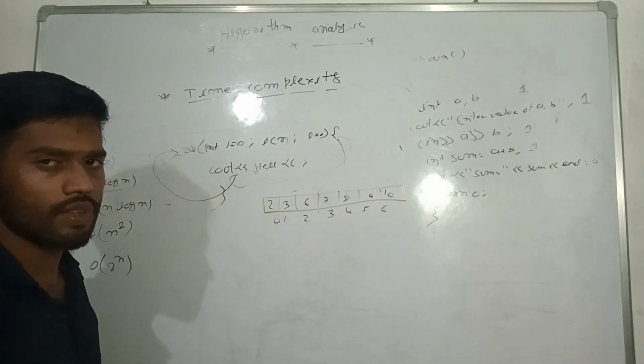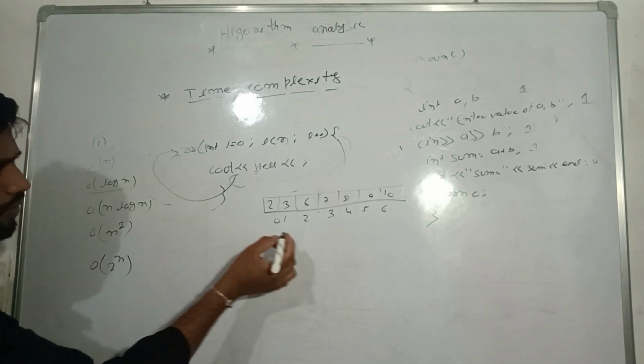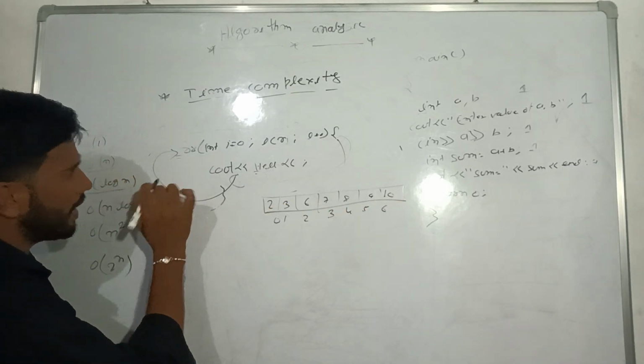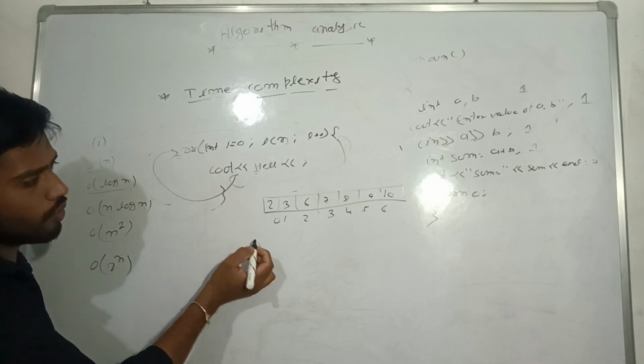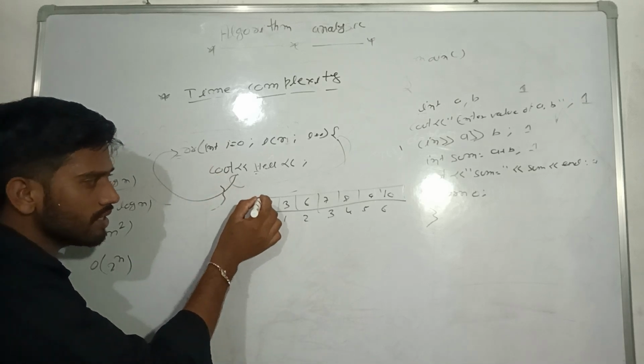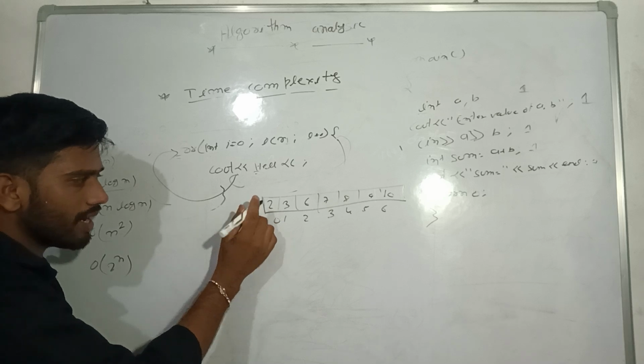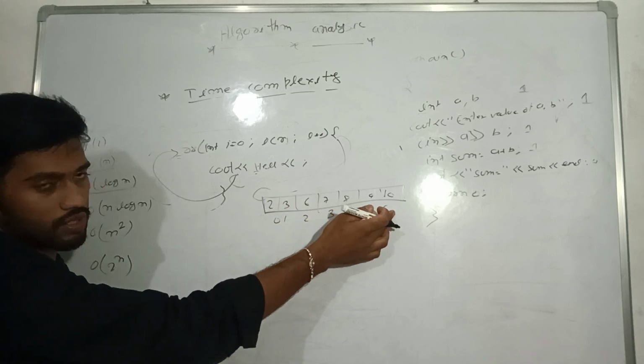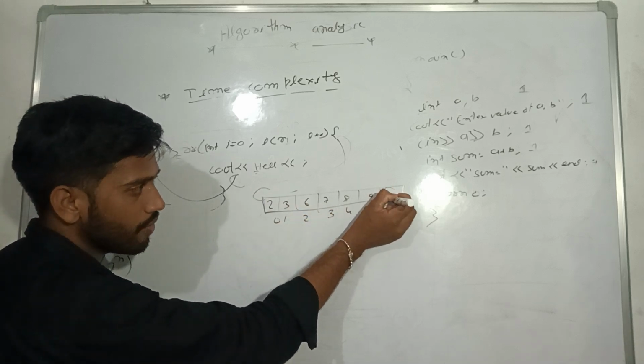When we have to find 10, if we use a for loop, then we have to iterate 6 times to reach there, and we check the condition.